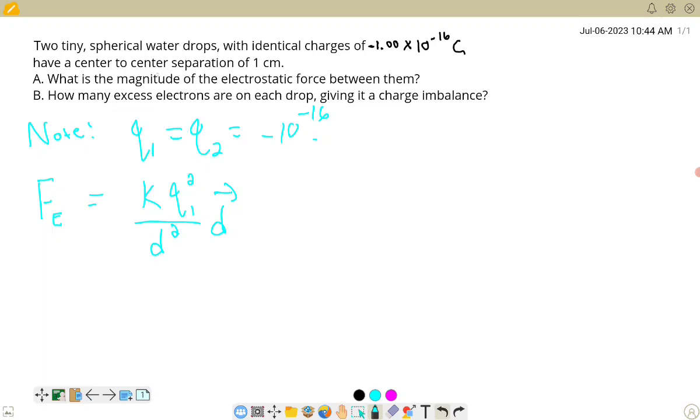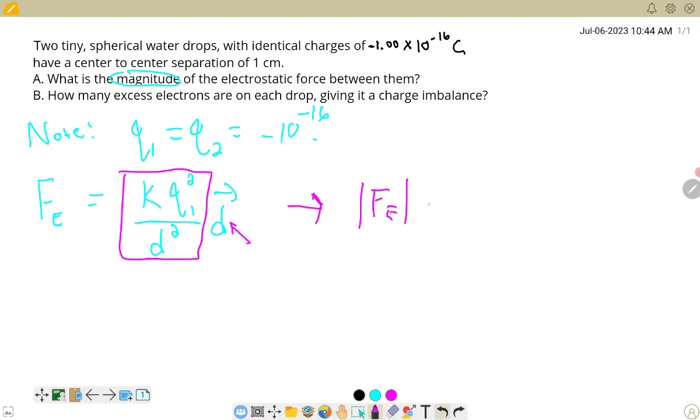So we know the constant k. We also know that d is 1 centimeter, but we should note that the constant k has units in terms of meters rather than centimeters. So we're going to have to convert that to meters when we do this computation.